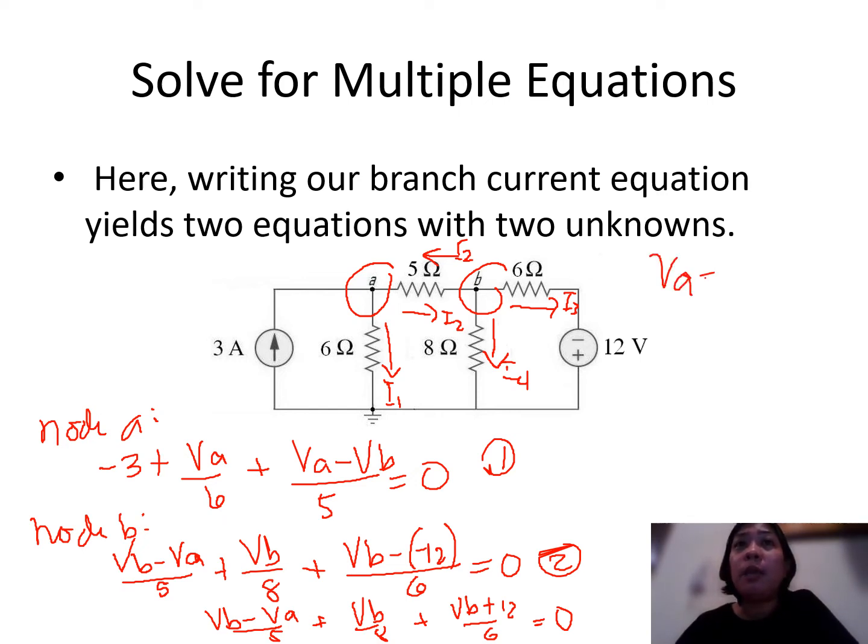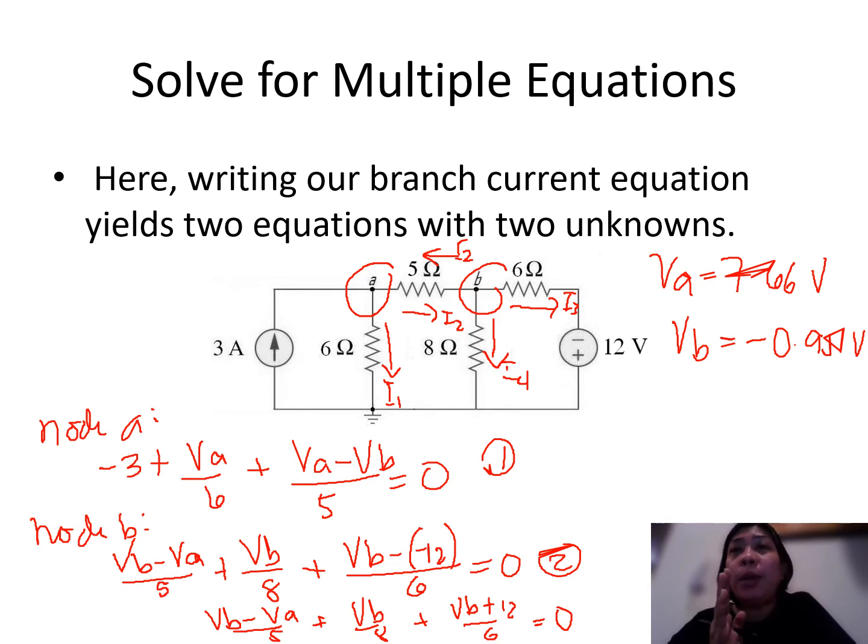I will give you the answer. See if you can get these values. VA here is 7.66 volts and VB is negative 0.951 volts. What do we mean by the negative 0.951? Therefore, the polarity of VB there is reversed, but the numerical value is correct.